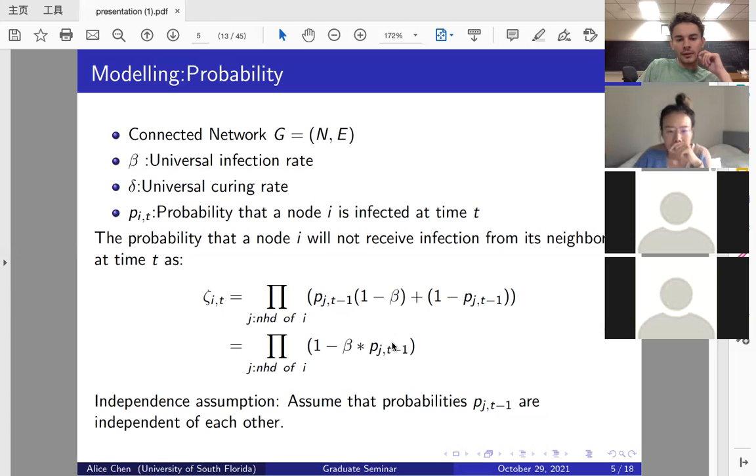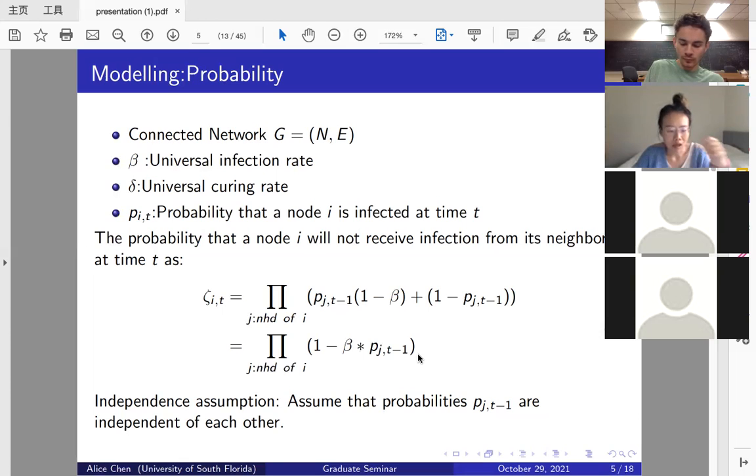Quick clarification: t is discrete, it's discrete time steps. Yeah. Okay. Any other question? We did a little simplification, and we got the product of 1 minus beta p_j(t minus 1).